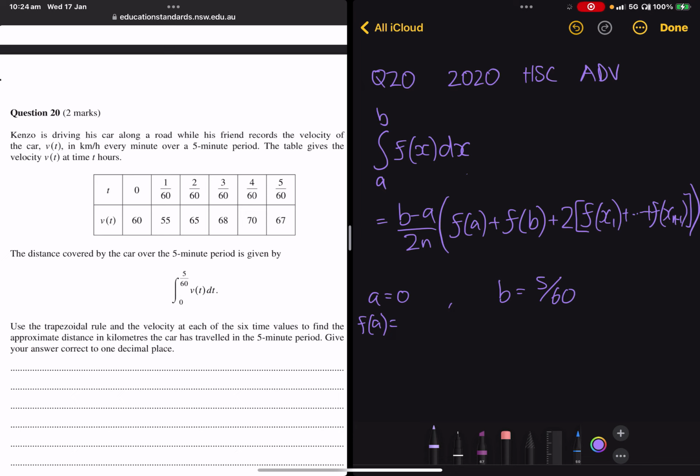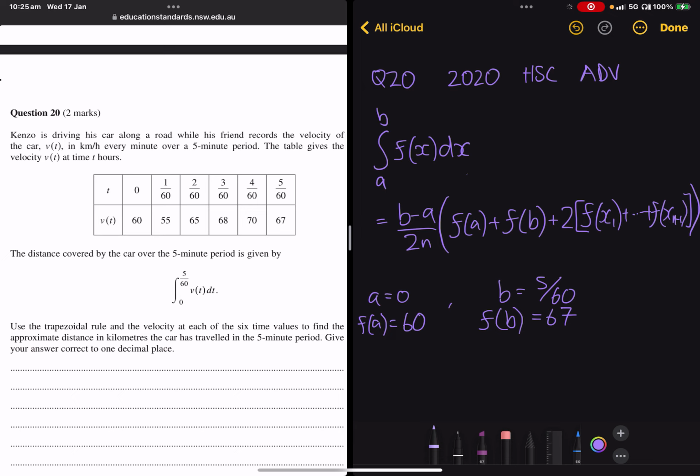We're told this in the table. The f(b) we're trying to find is the velocity when time is equal to 5/60. The table tells us that this is 67.